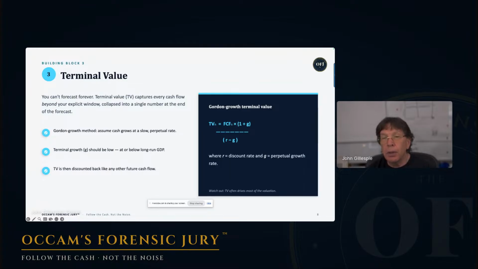GDP is gross domestic product. So if your country in the long run has been growing at 3.5% to 4%, your terminal growth, your g, should probably be a little bit below 3%. And then TV is discounted back like any other future cash flow.